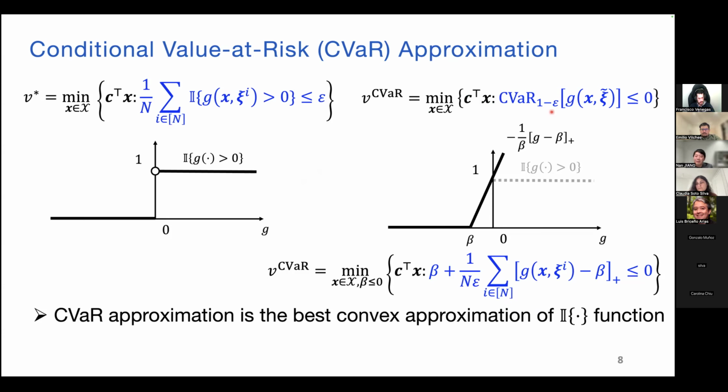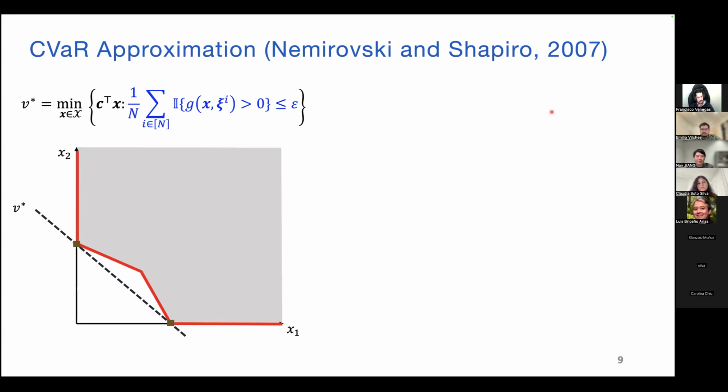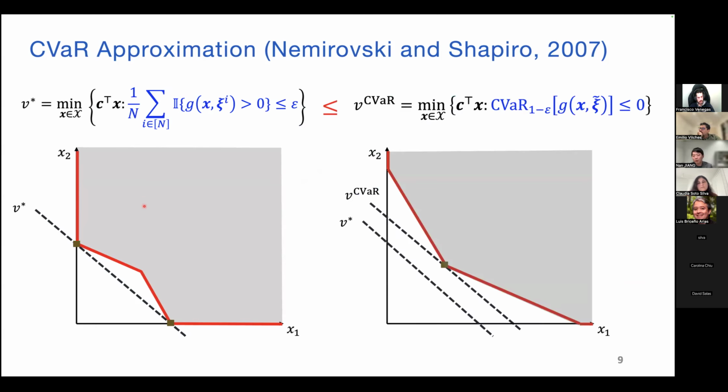So we can look at one example of what is a CVaR approximation. Let's still go back to our previous example, and we know this is the non-convex feasible region. And right now what we know is CVaR is a convex approximation. So what it will show is actually it will replace this non-convex feasible region with the convex feasible region.